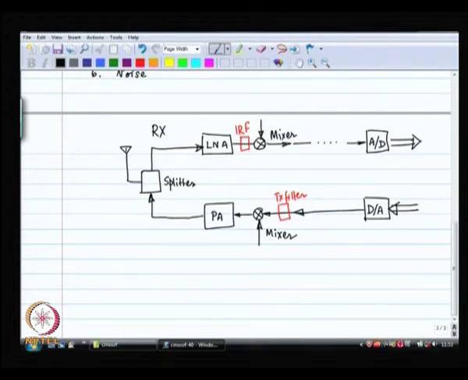So, this is the general architecture. Okay.